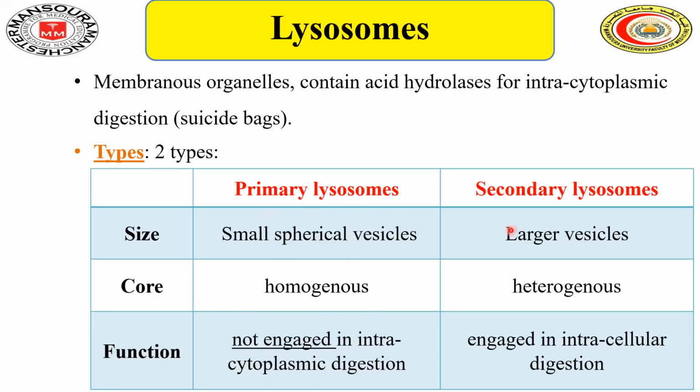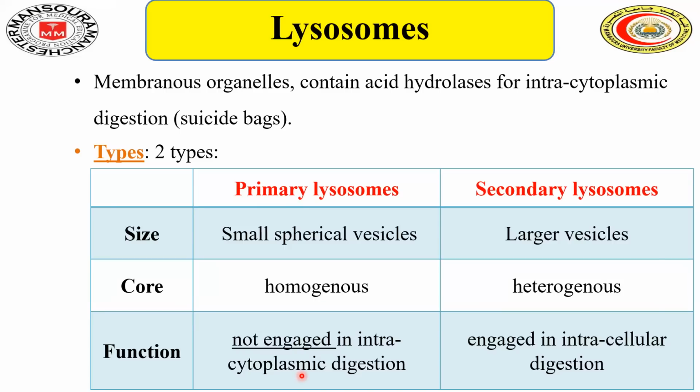The last difference between these two types is the function. Primary lysosome is a fresh one, freshly formed lysosome getting out from the Golgi and not engaged yet in function, in digestion. So it's primary lysosome not yet started its function, not yet started the intracytoplasmic digestion.